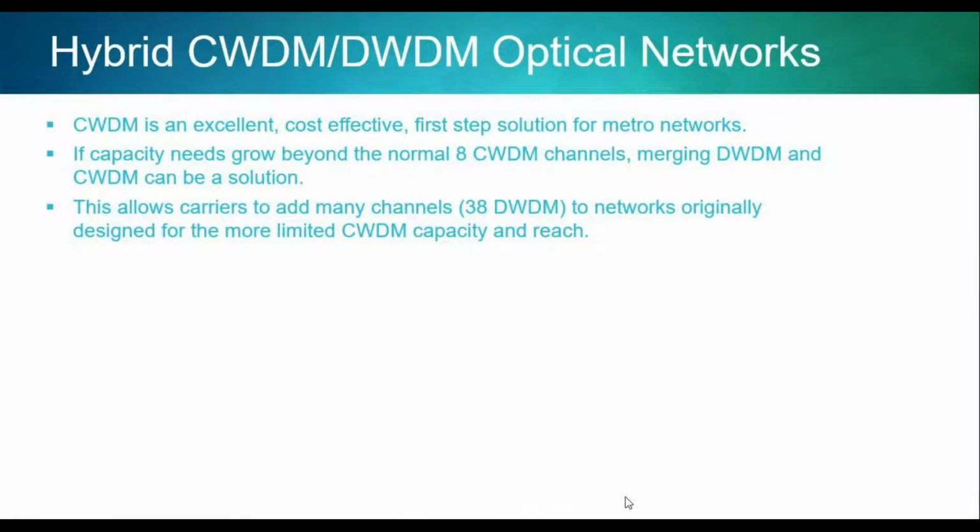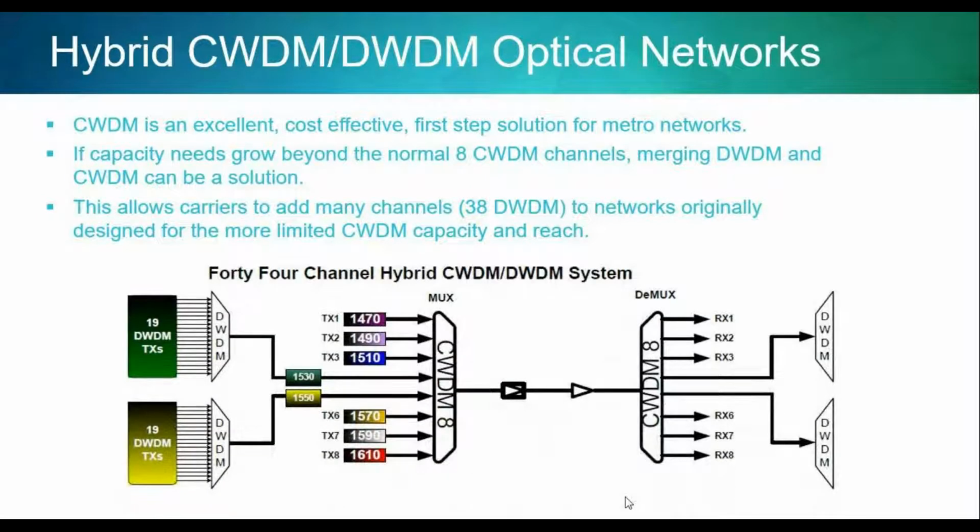So basically, you're adding and using some of the channels; like I said, we have 20 nanometers between each wavelength, and the filters are able to tolerate almost up to 15 nanometers of play. So within 15 nanometers, in this example here, we have 19 channels around the 1530 central wavelength of CWDM.